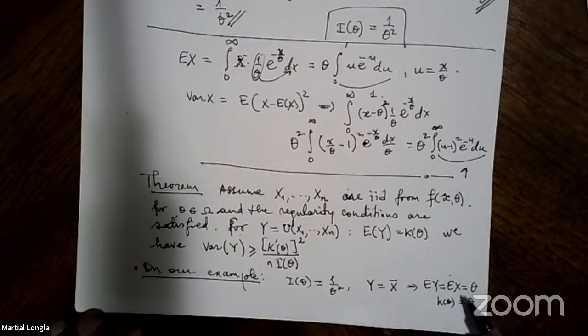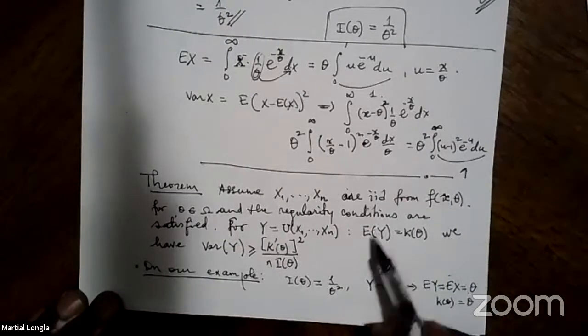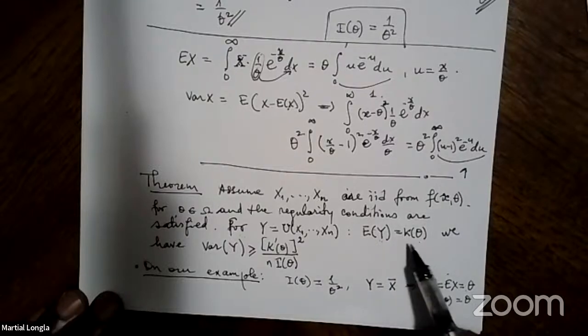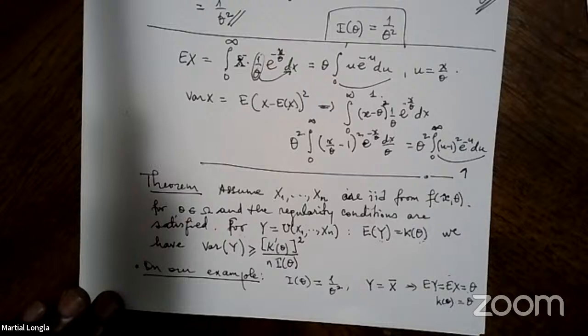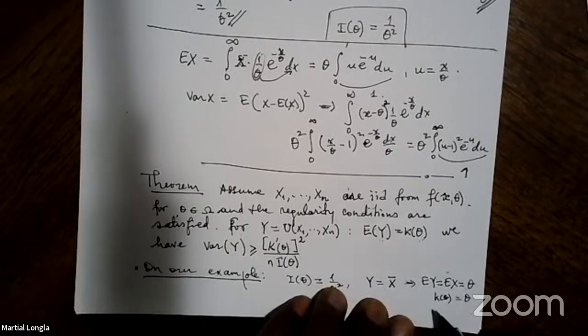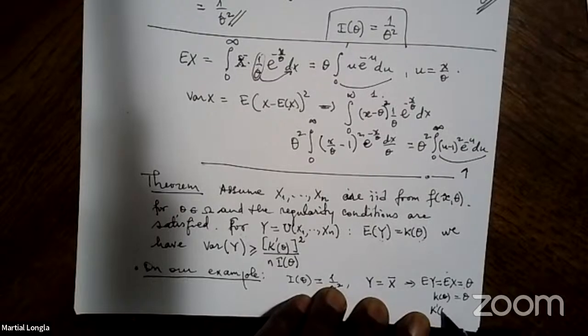Because we said expected value of Y equals k of theta, a function of theta, that's all it means. We computed it's theta, so the function of theta is theta. k prime is the derivative. So what is k prime of theta? In this case, it's 1, right?